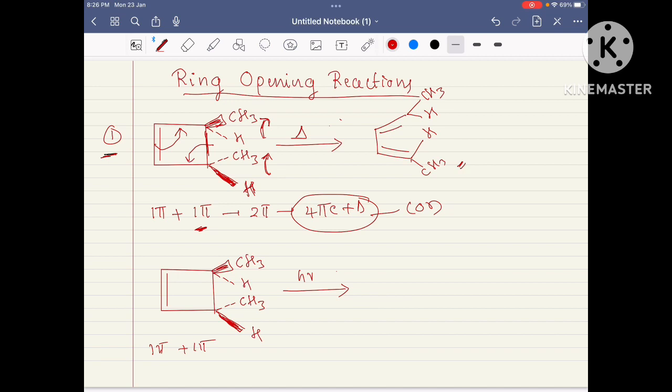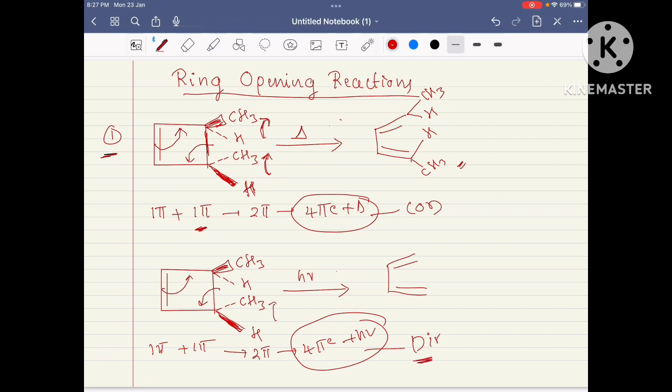Here it is 2 pi bonds, means 4 pi electrons, plus photochemical condition means you have to do the disrotatory here. First we'll write the basic product by shifting this here and this here. This is the basic product. Now we have to write the stereochemistry. Disrotatory, you know, means rotating inside or rotating outside.